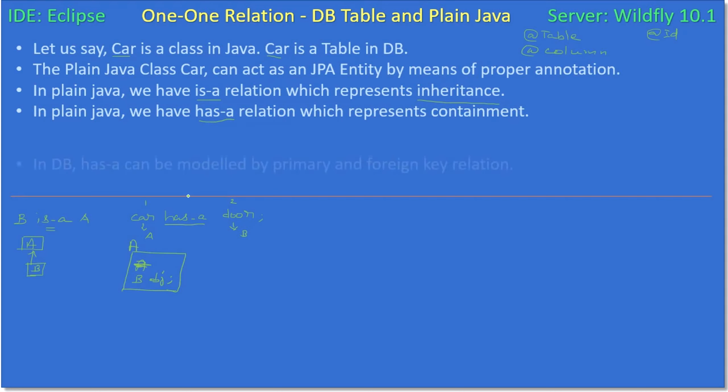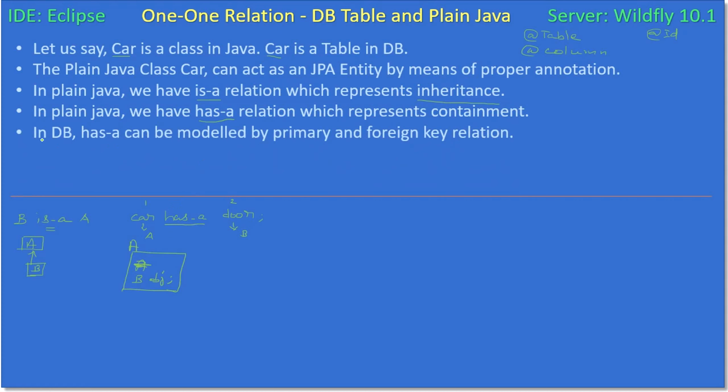Now let's go to the DB. In DB, has-a can be modeled by a primary and foreign key relation. So now we can think of this as a table: A is a table, then B is also a table. Here we can pick one column.